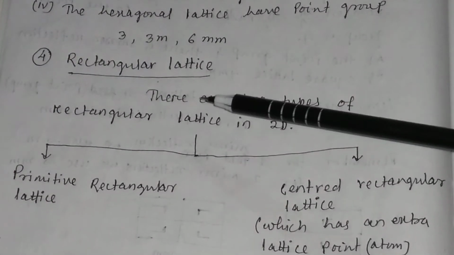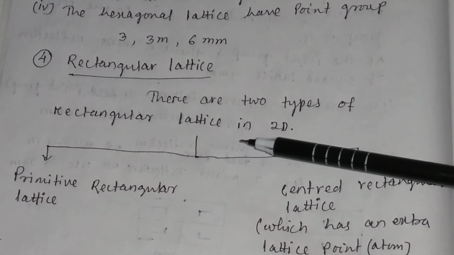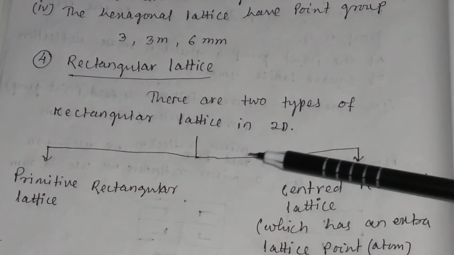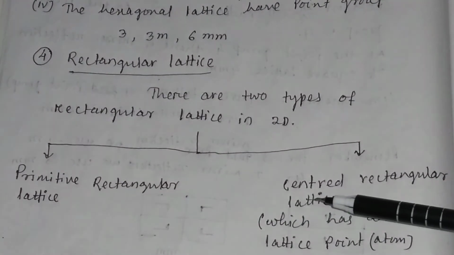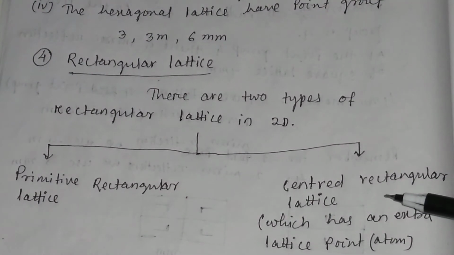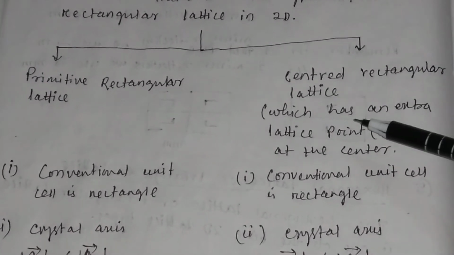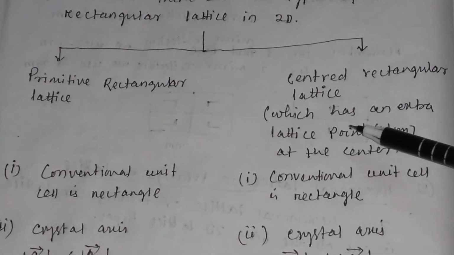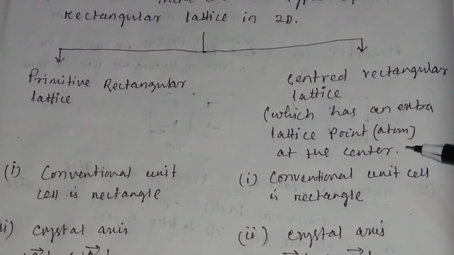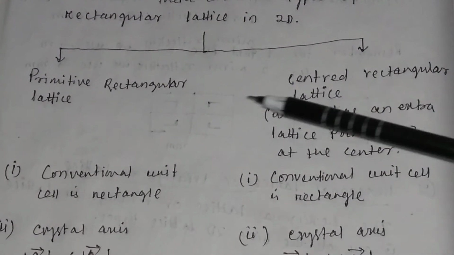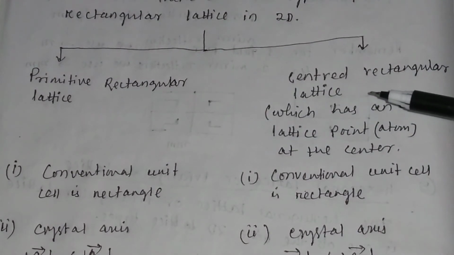Then you have the rectangular lattice. There are 2 types of rectangular lattice in 2 dimensions. One is the primitive rectangular lattice and the second one is the centered rectangular lattice. In the centered rectangular lattice, there is an extra lattice point or atom at the center. So this is the difference between the primitive rectangular lattice and the centered rectangular lattice.